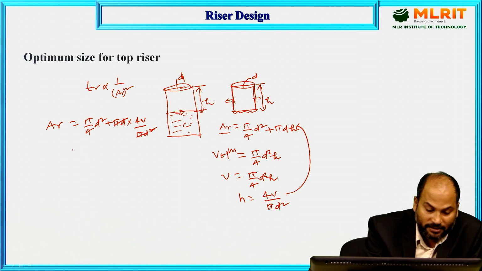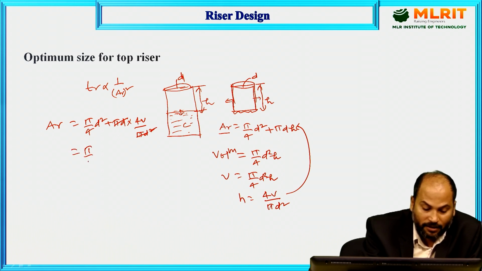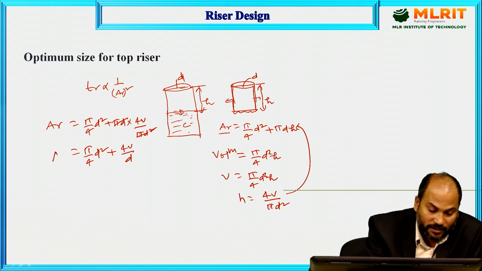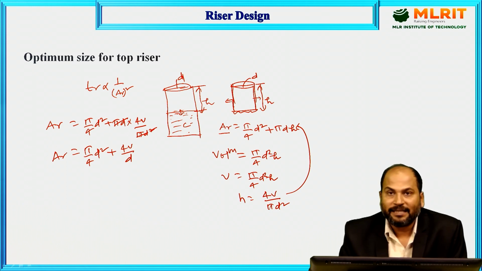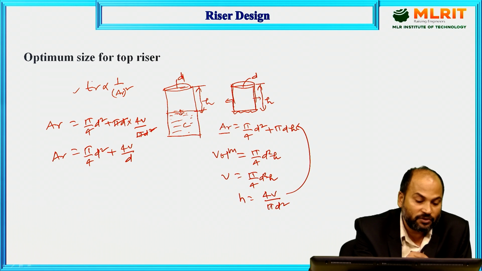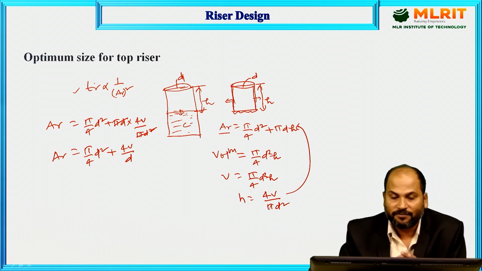So finally it comes out as pi by 4 d square plus 4V upon d. This is the value of the area. We have already seen that this surface area should be minimum, so that the solidification time for the riser is maximum. That is the basic requirement.